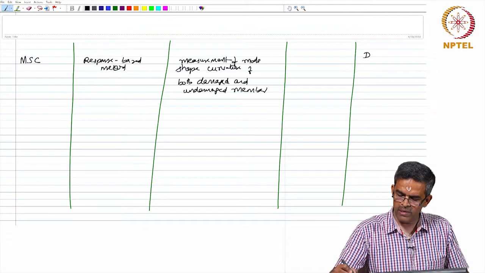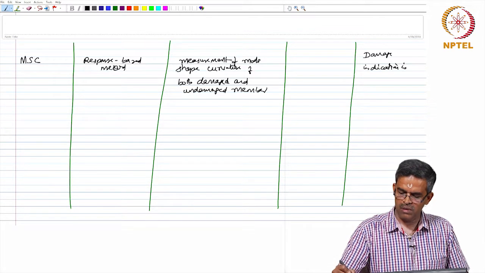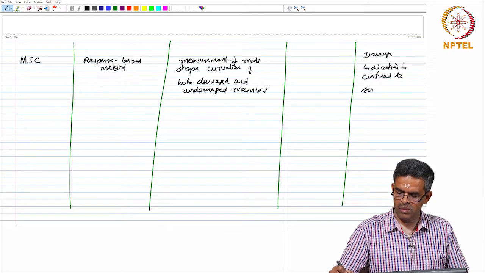This also defines damage. Damage indication is confined to sensor location.